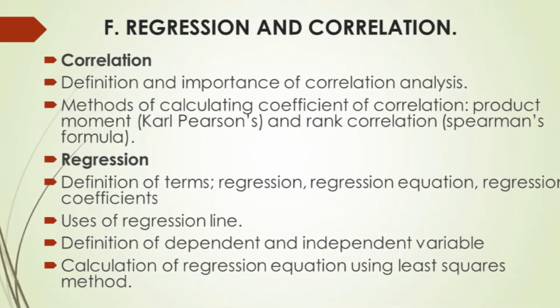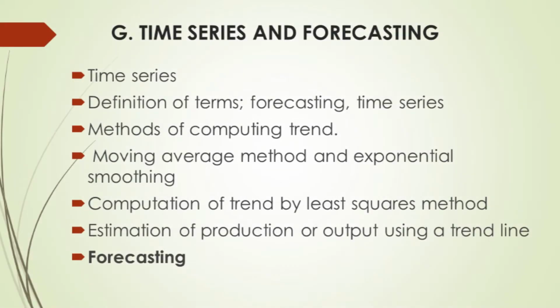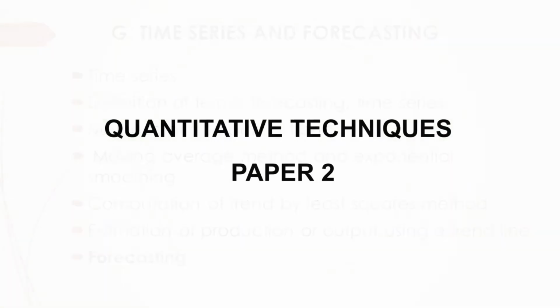Then we'll have regression and correlation. So methods of computing for the correlation coefficient. Then use of regression line. Then we'll have time series and forecasting. So all that at least you need to cover before you go for an exam.